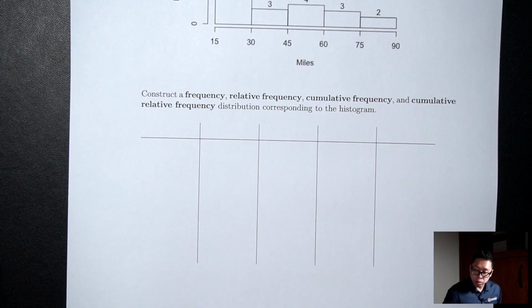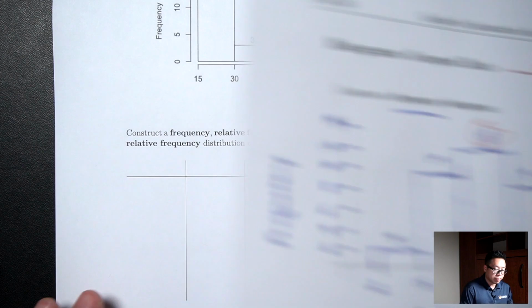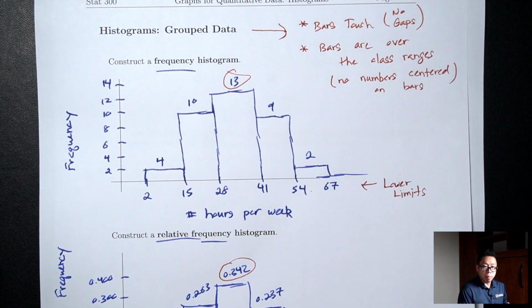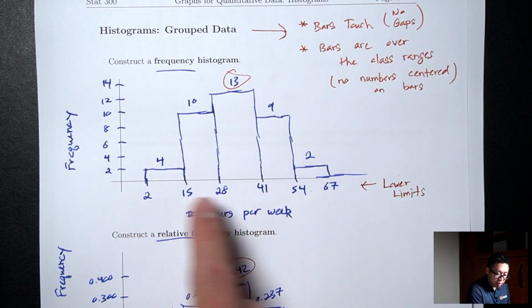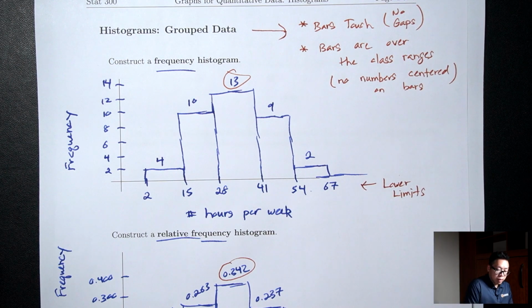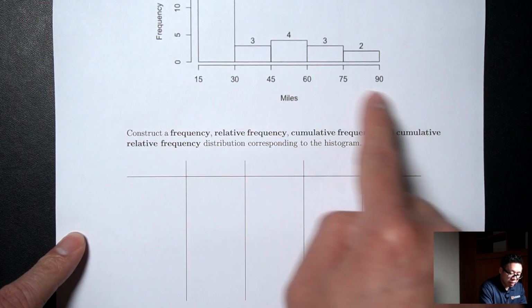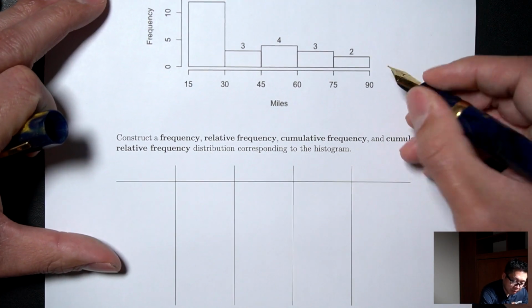If I go back to histograms for grouped data, remember that I said the numbers on the x-axis are the lower limits. That means that these numbers on the x-axis are lower limits.